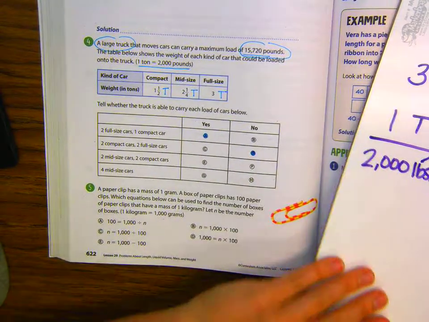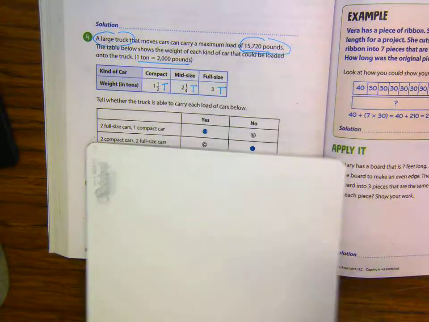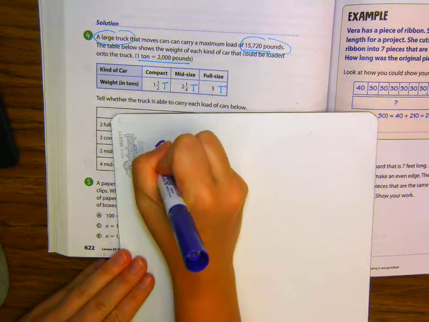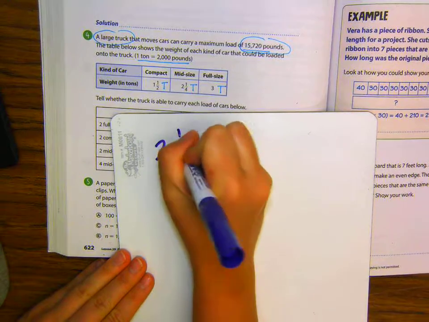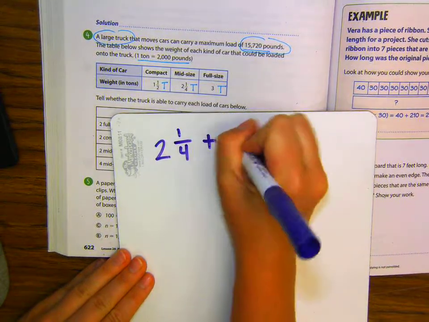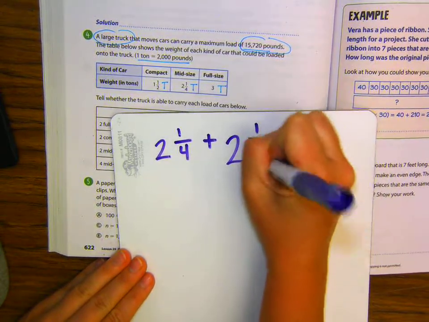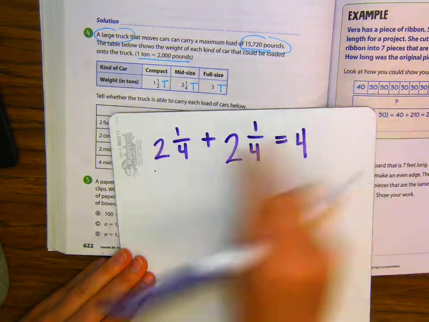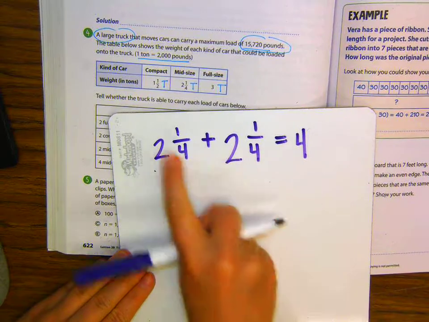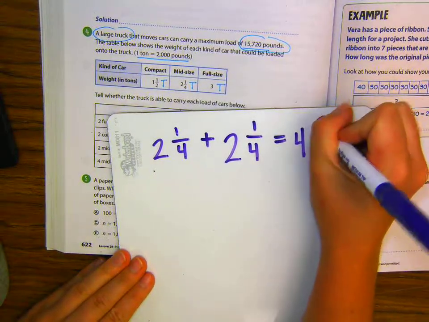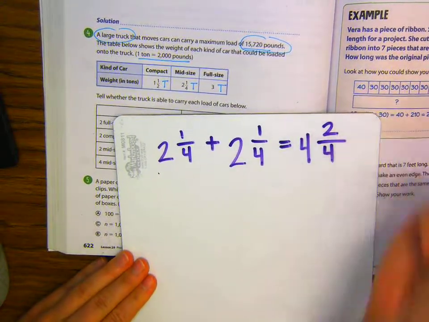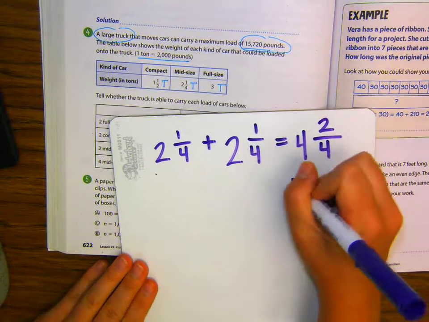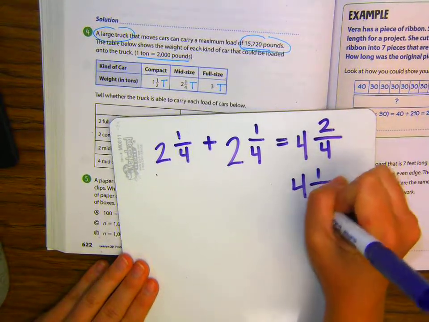Okay, next one. 2 mid-size cars. Mid-size, 2 1/4. So I know 2 1/4 plus 2 1/4. Okay, my whole numbers, 2 plus 2 makes 4. And then since my denominators are the same, I can just add my numerators. 1 plus 1 is 2/4. Another way of saying 2/4 would be 0.5.